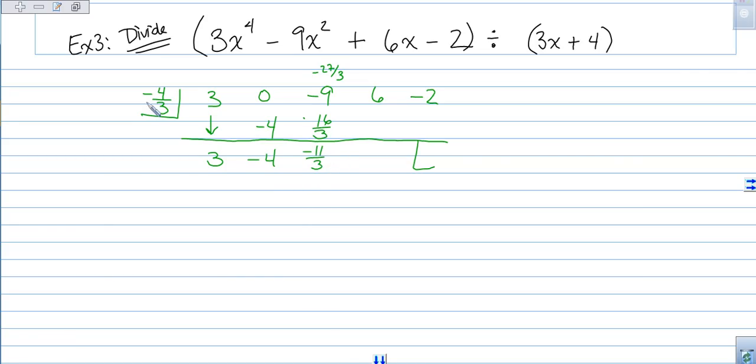Okay, and then negative 11 over 3 times negative 4 over 3 is going to give you 44 over 9, and then that would be 54 over 9. Oops, 54 over 9.